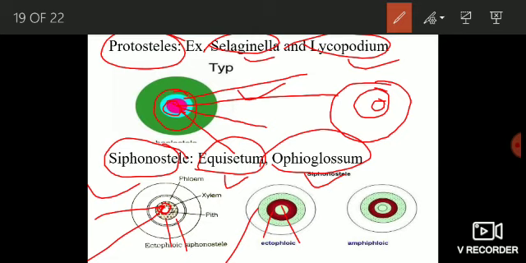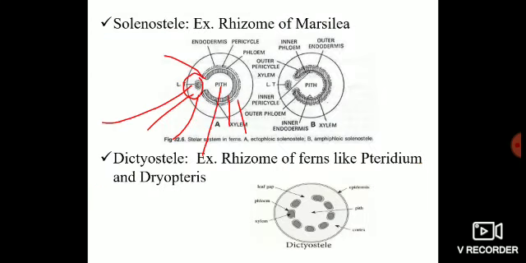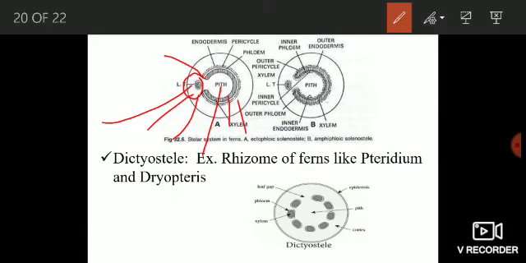We are studying the anatomy of stem in pteridophytes, and in some cases you have solenostele. Solenostele is the type of siphonostele in which you have widely spaced leaf gaps. They are scattered.